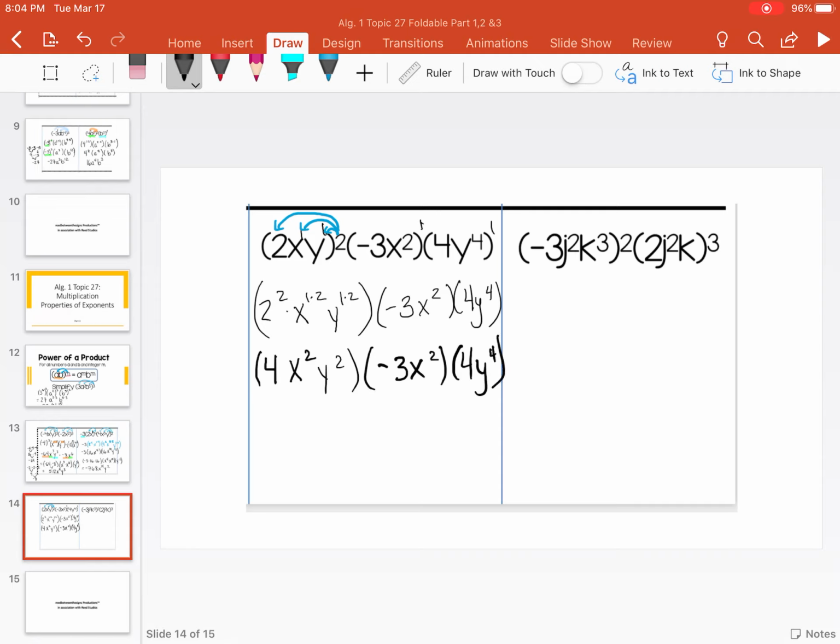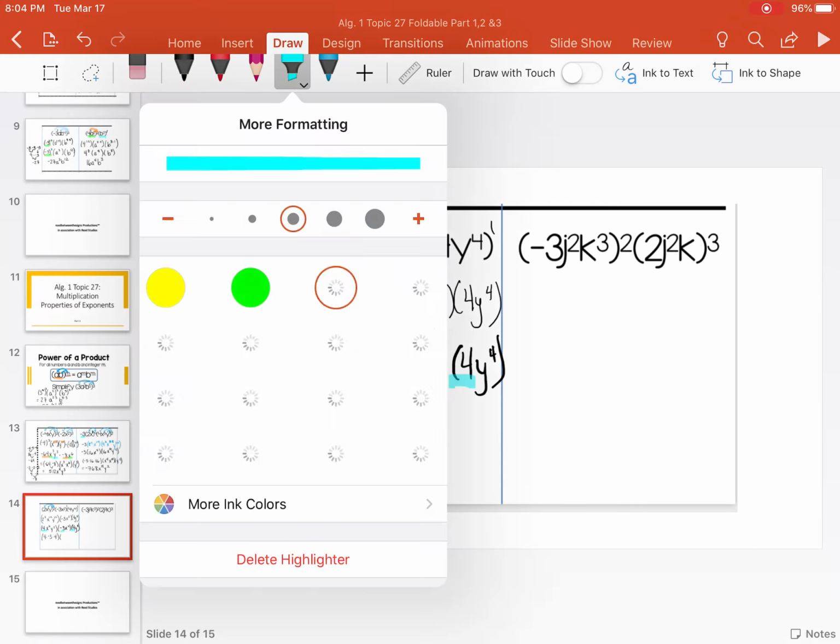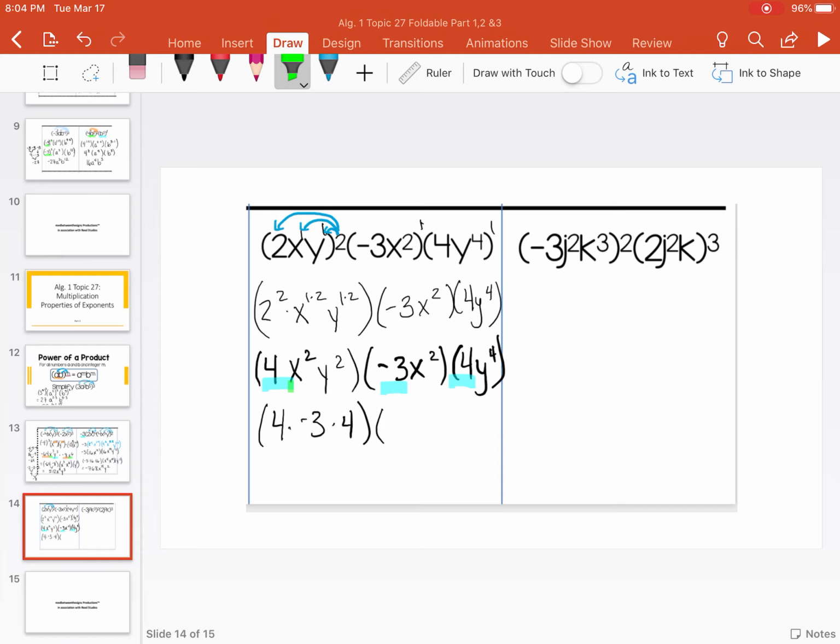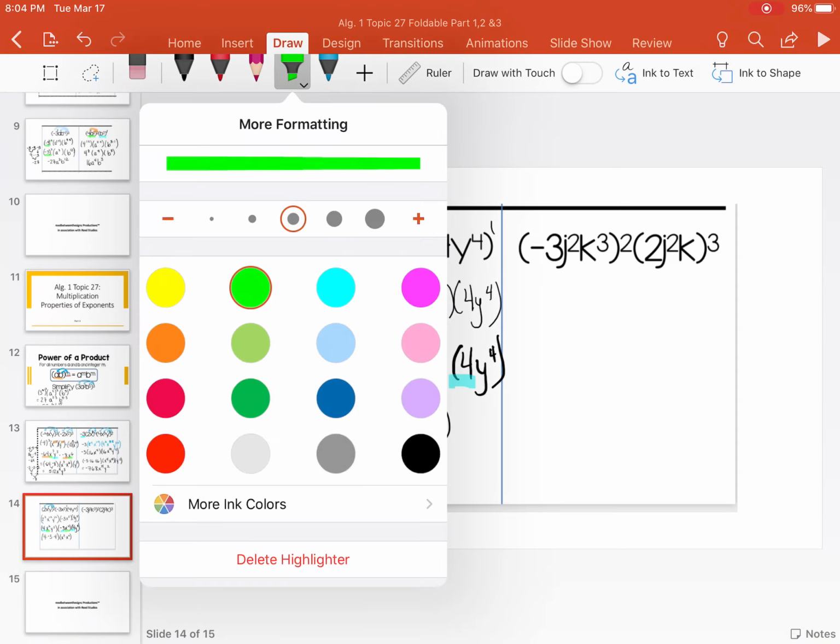So now what we're going to do is we're going to regroup our coefficients. So I have my 4, my negative 3, and my 4 here. So that gets me 4 times negative 3 times 4. Our x terms, we have x squared. So that's going to give us x squared times x squared.